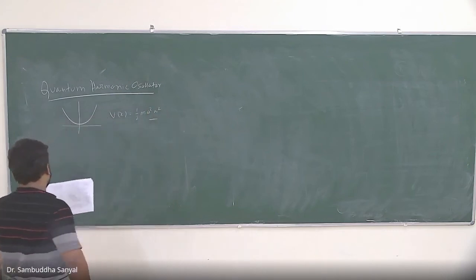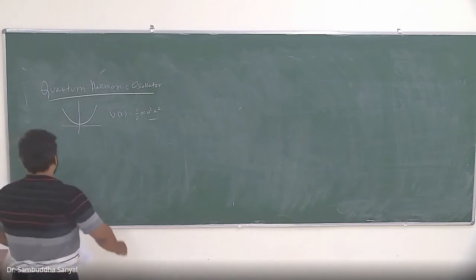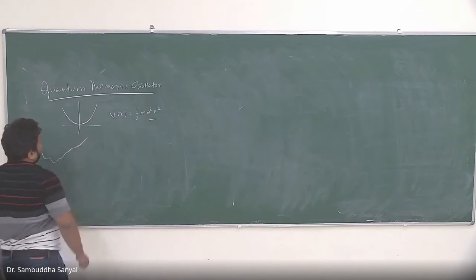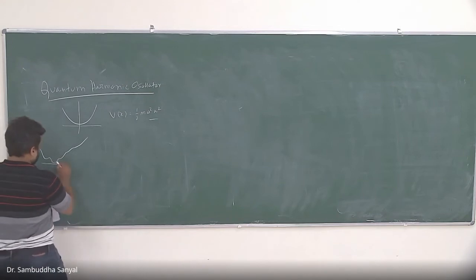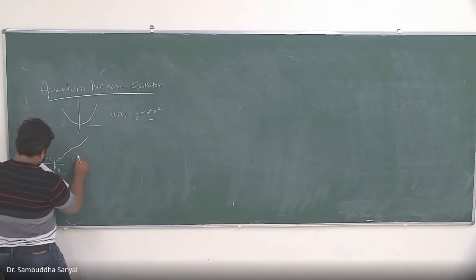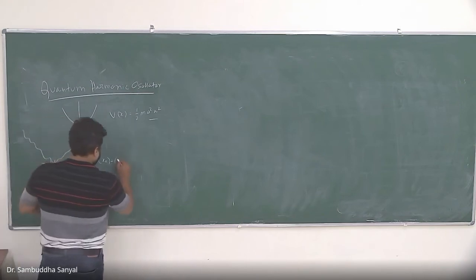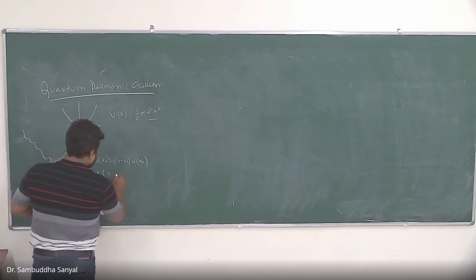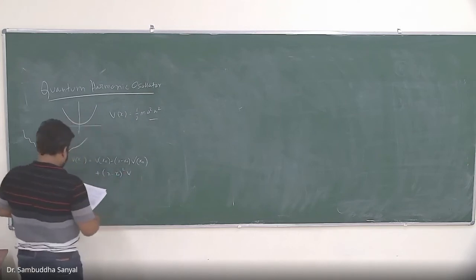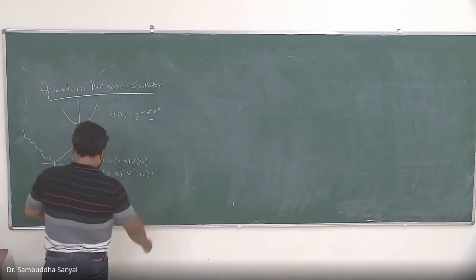Now you might think this is a very special problem, but it actually is not so special, because you can have an arbitrarily shaped potential with a minimum, and if I am close enough to this minimum, I can Taylor expand V(x) as V(x0) plus (x minus x0) V prime(x0) plus (x minus x0) squared V double prime(x0), and so on.